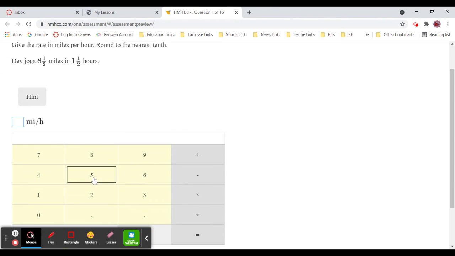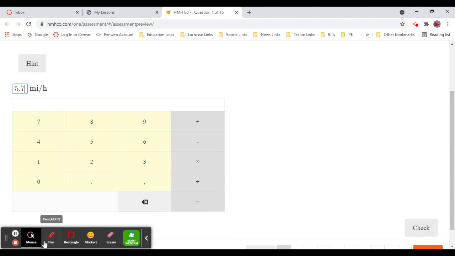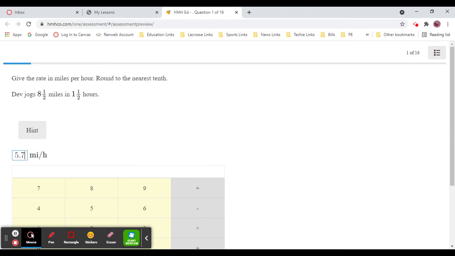I'm actually going to show you that another way as well. I'm going to pull up my calculator. Hopefully you can see the calculator. 8.5 divided by 1.5, because 8.5 is the same as 8.5 and 1.5 is the same as 1.5.